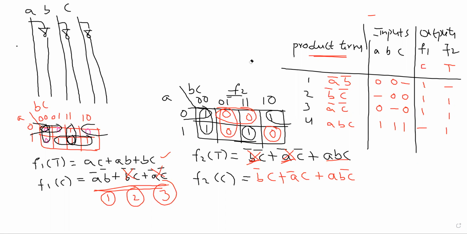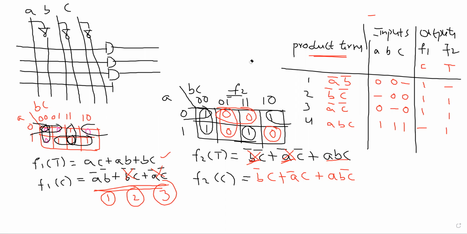Only 4 product terms, therefore we require 1, 2, 3, 4 product terms. How many output functions are we having? 2 output functions. This is f1, this is for f2. But don't forget, f1 should be in what form?